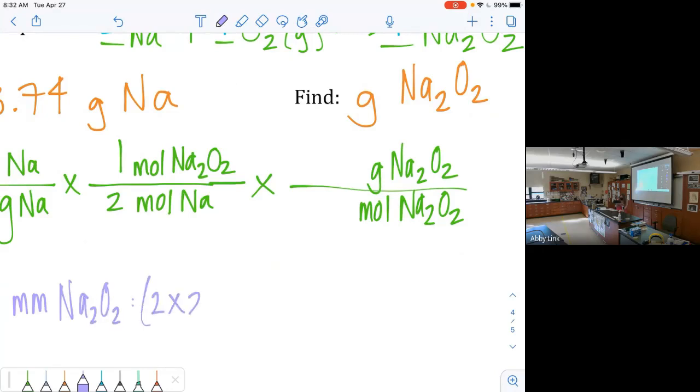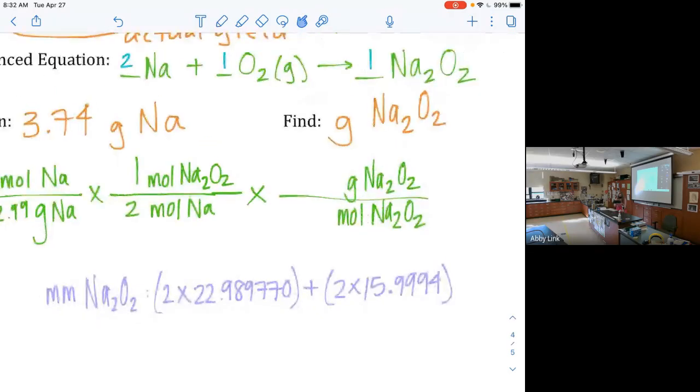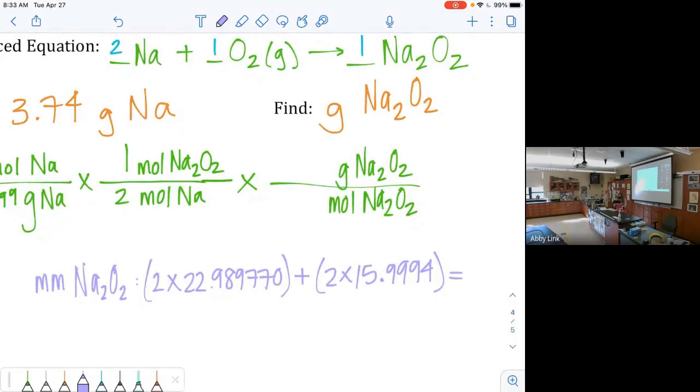2 times sodium, 22.989770 plus 2 times oxygen, which is our 15.9994. I'm going to double check my molar mass here.